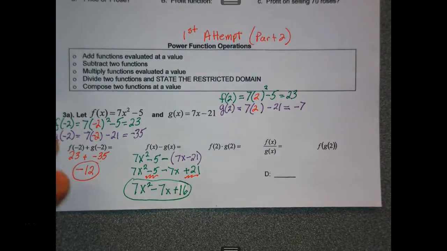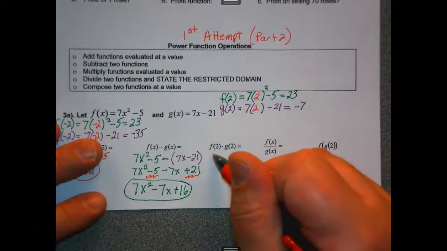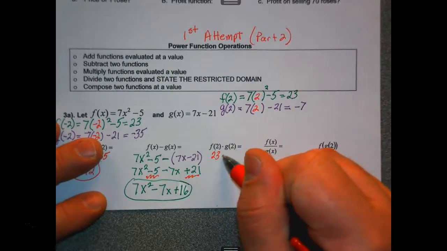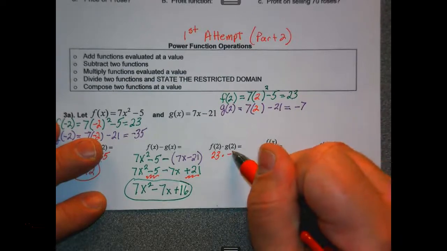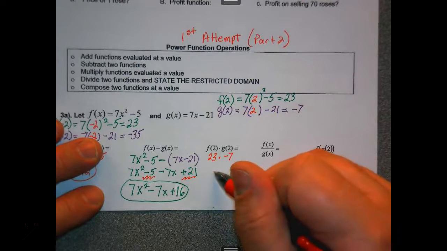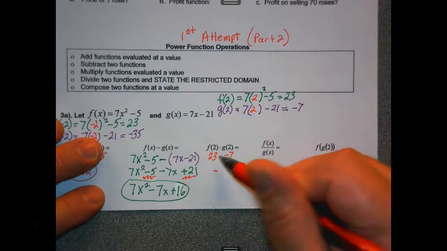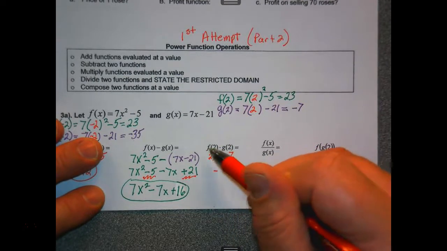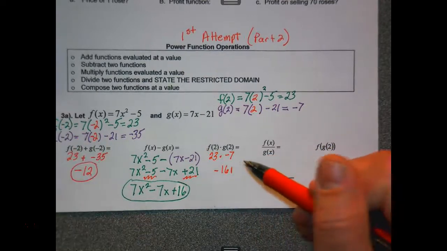So I have f of 2 is 23 times g of 2 is negative 7. Let's see, it's going to be negative. That's a 1, carry the 2, 14, 15, 16.